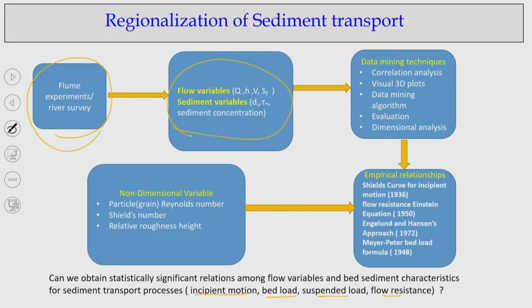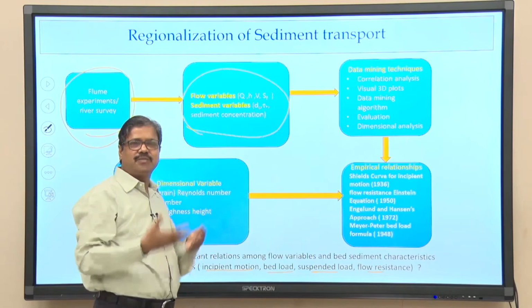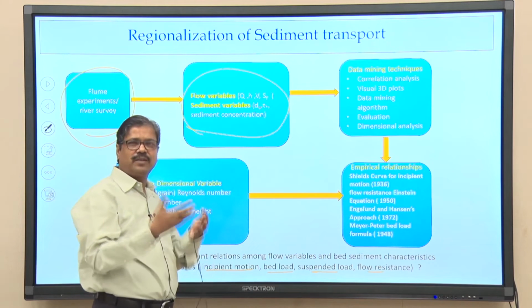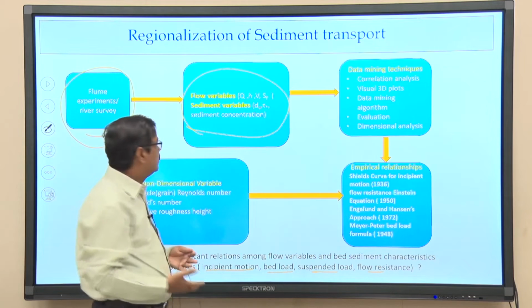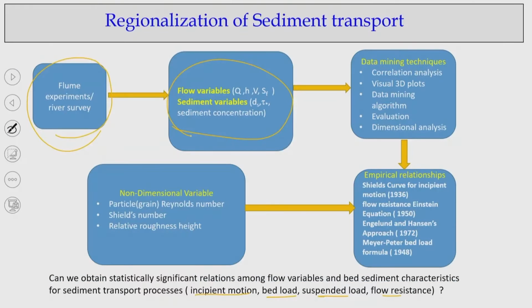Most often we can measure the discharge, the velocity, the flow depth, and we can quantify the friction slopes. Similarly, we can get the sediment concentrations, the bed load rate, and the particle size distribution curve.